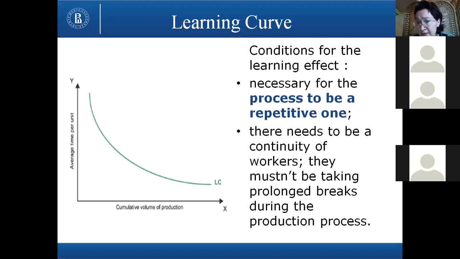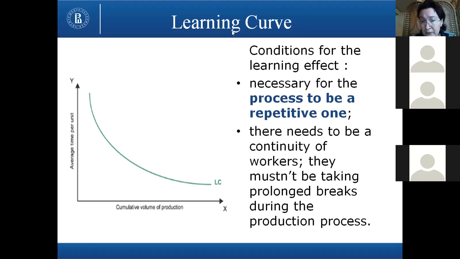Of course, we understand that this condition implies that we deal with traditional manufacturing, and only traditional manufacturing has processes that are repetitive.